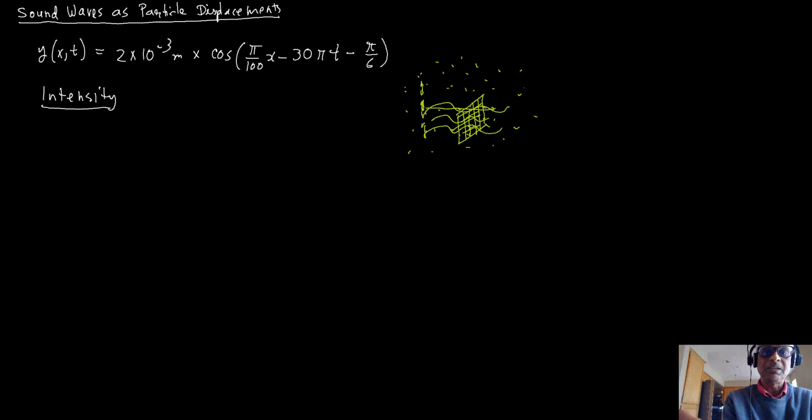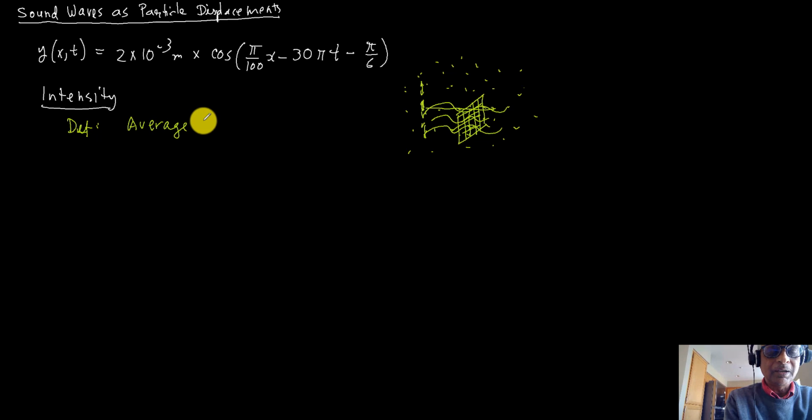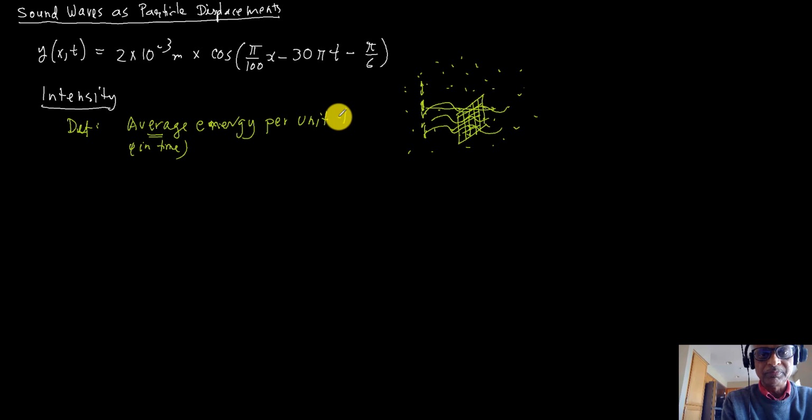So the definition of intensity is the time-averaged energy per unit time per unit area.